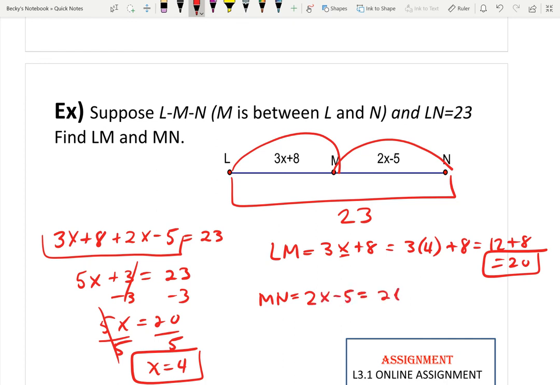And so I know x is 4. So 8 minus 5 is 3. Now, this makes sense because if I add these two numbers up, don't I get the total of the 23? Sure. So we are finished. Again, this is called betweenness of points, and we are finished.